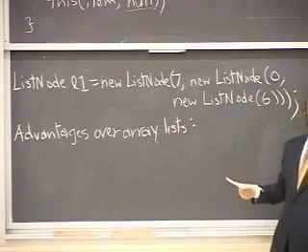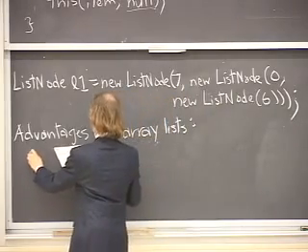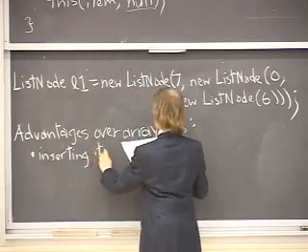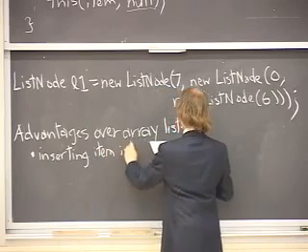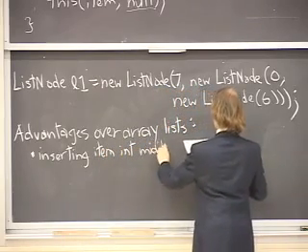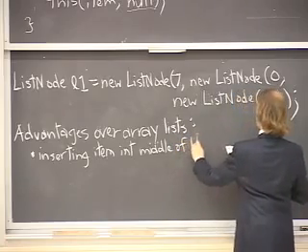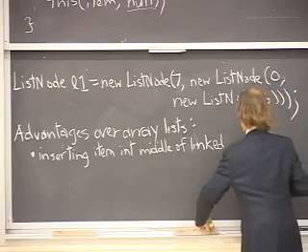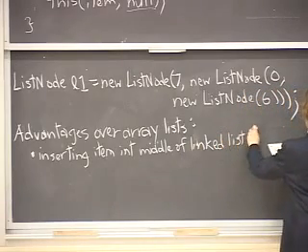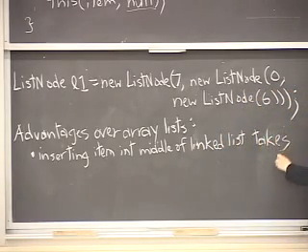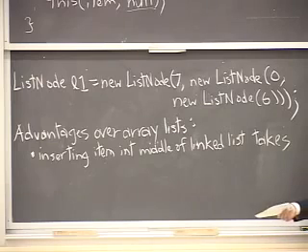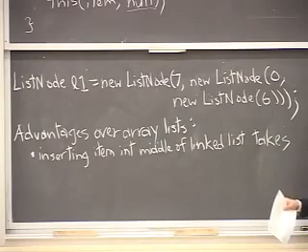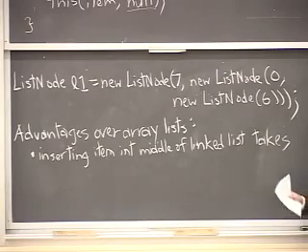So the first advantage is that if you want to insert an item into a list, into the middle of a list, then that does not take time proportional to the length of the list, like it did with arrays, as long as you have a pointer to the right spot.